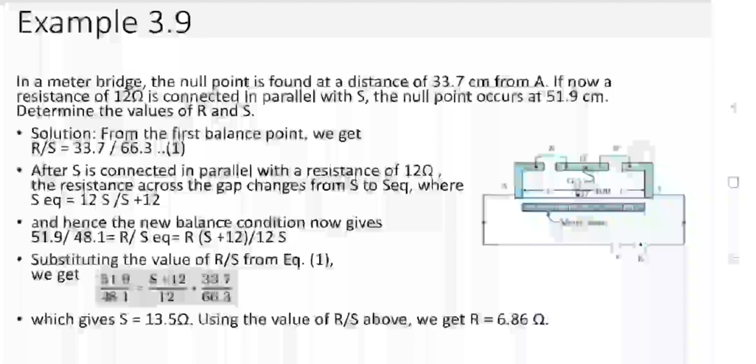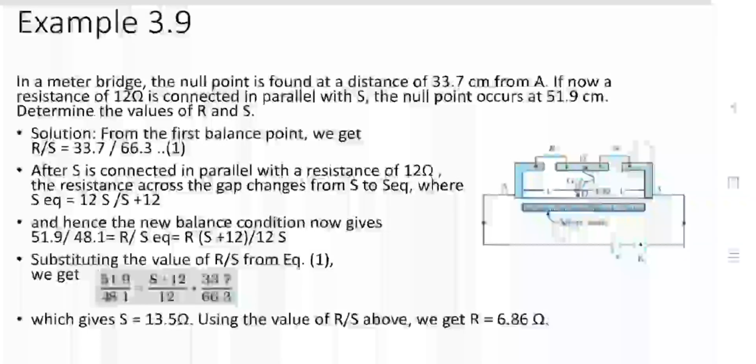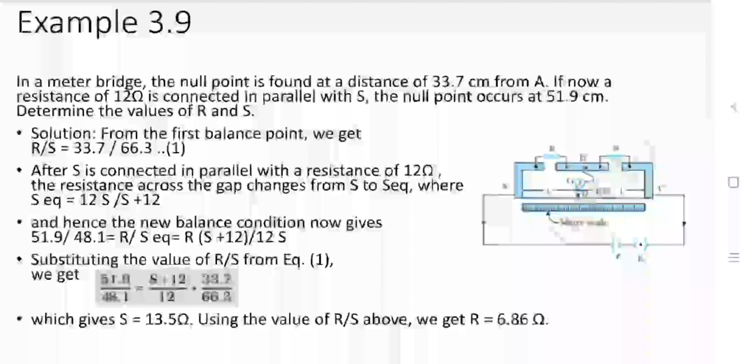L1 is given and we need to determine the values of R and S. First equation: L1 is 33.7. So R by S equal to L1 upon 100 minus L1, that is 33.7 divided by 66.3.